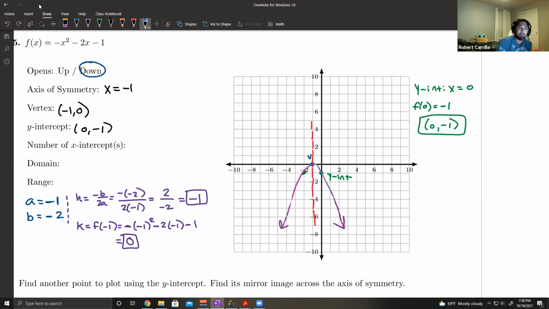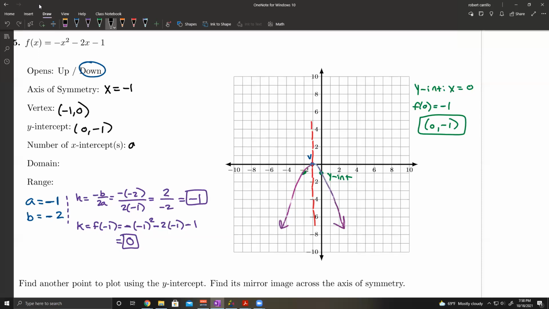Okay. So how many x-intercepts do we have? One. That's it. And what is our domain? Again, negative infinity to infinity. Good.